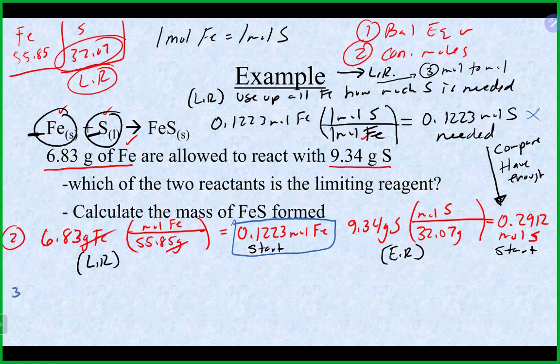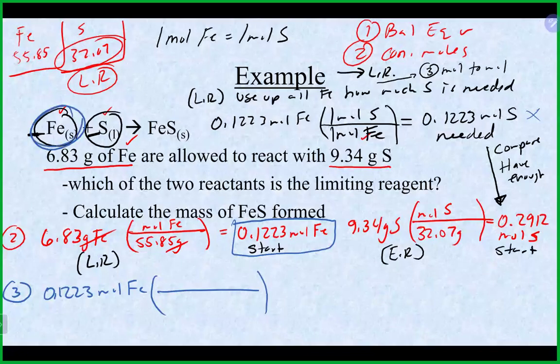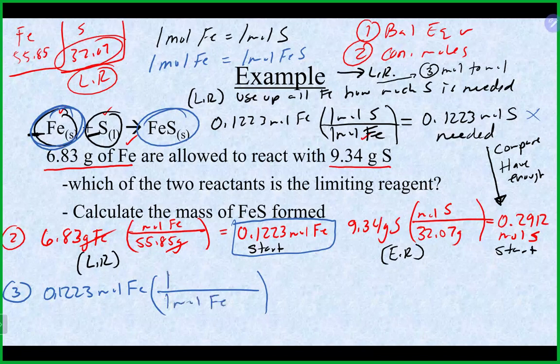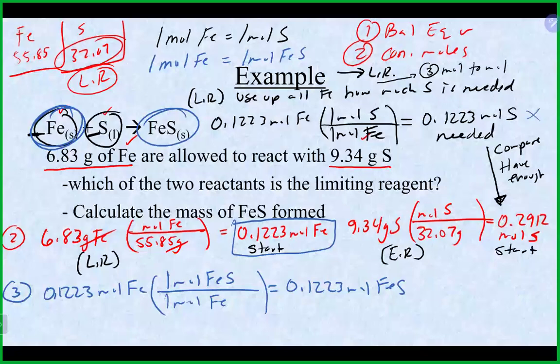So coming back here to step number 3, using my limiting reagent starting amount of 0.1223 moles of iron, I now could do my mole to mole relationship between iron and my product, which also looks like a 1-to-1 relationship, so that's not too bad. Iron to my moles of FeS. So 1 mole of iron gives me 1 mole of FeS. That's going to give me 0.1223 moles of FeS.